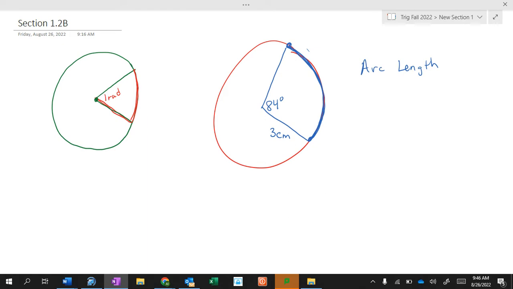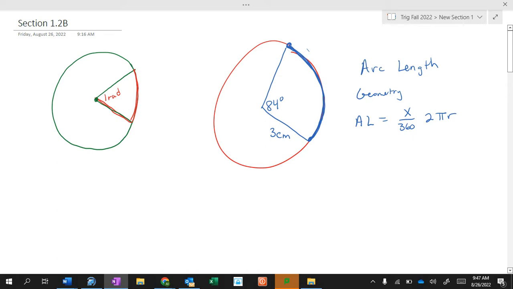In geometry, we learned that arc length equals the central angle divided by 360 degrees times the circumference formula, which is 2 pi r.